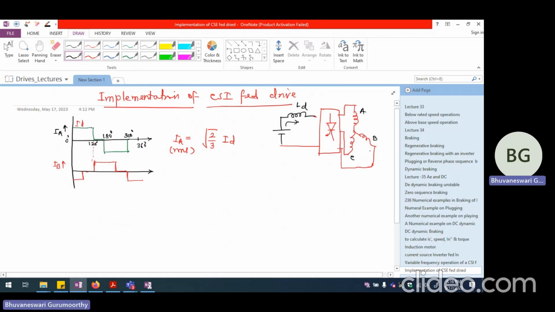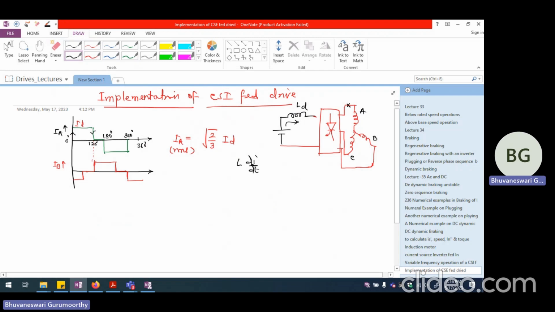Now this A phase, B phase, and C phase, each of them will have leakage reactances. So when the current is abruptly rising or abruptly falling, like what I have shown, that is definitely going to cause an L di by dt visualized at these points, because we are not allowing this current to continue in A phase or B phase or C phase beyond this point.